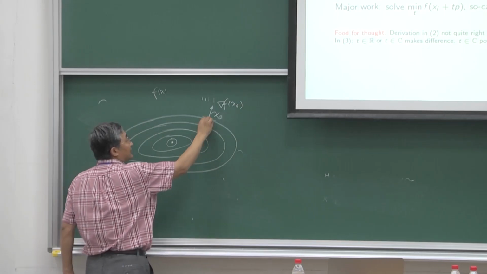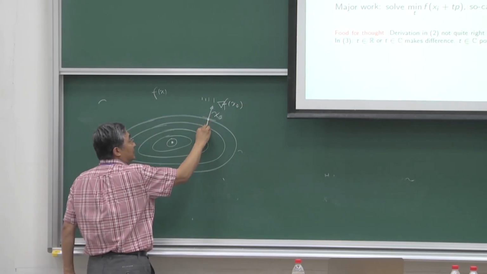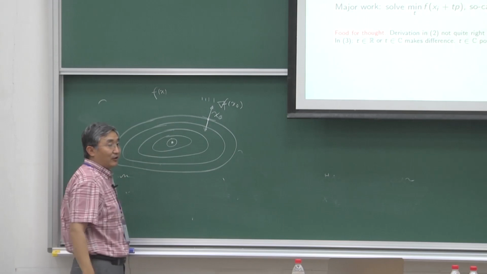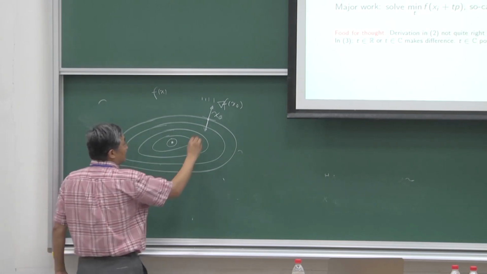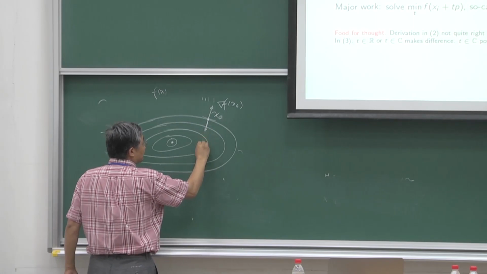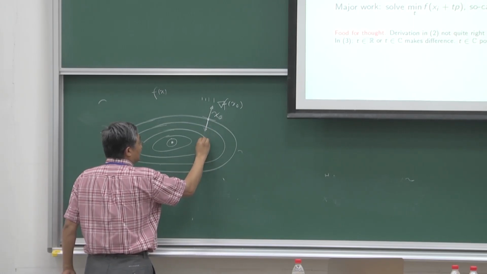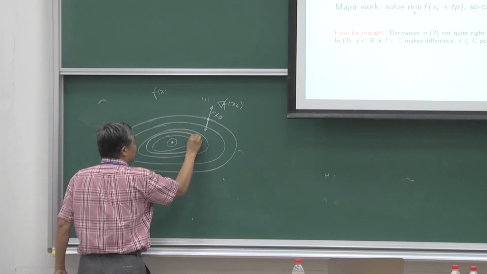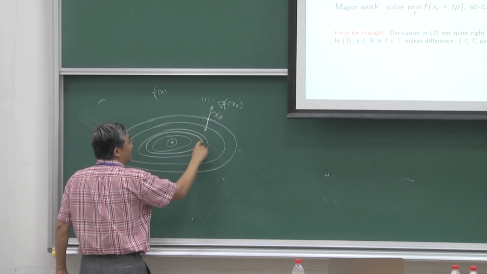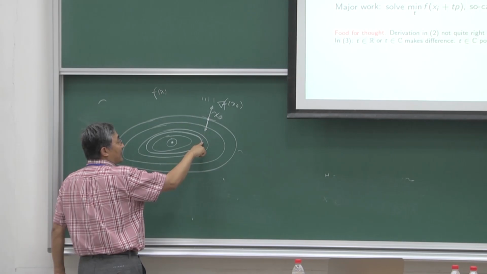The steepest descent says we're going to move in the opposite direction and see how far we can go until the function is reduced the most.